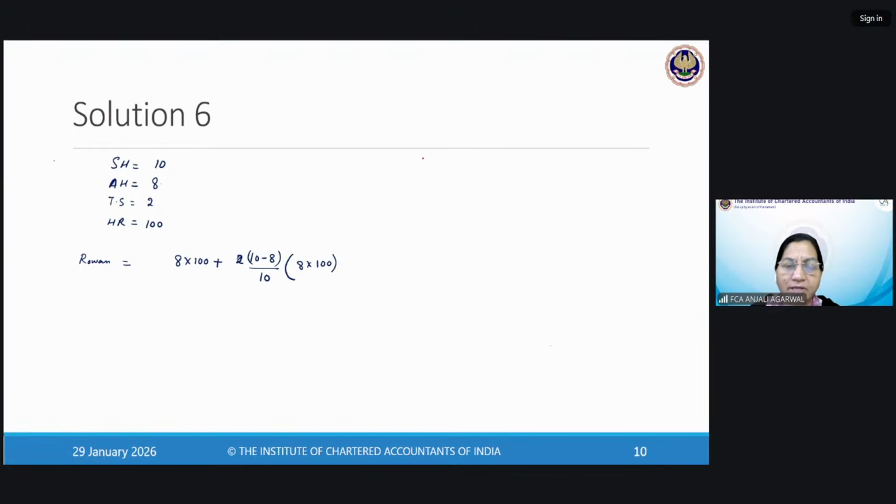Similarly, in the given case, standard hours are given as 4. Actual hours is what is missing. This is a question mark. Time saved, therefore, is automatically missing, but we can say 4 minus the question mark. Let's say the question mark is X. Hourly rate is given as 30. So everything is given, but one piece of information is missing. And unless we find this out, we cannot calculate the actual wages.